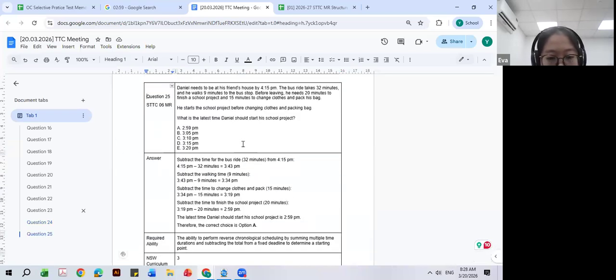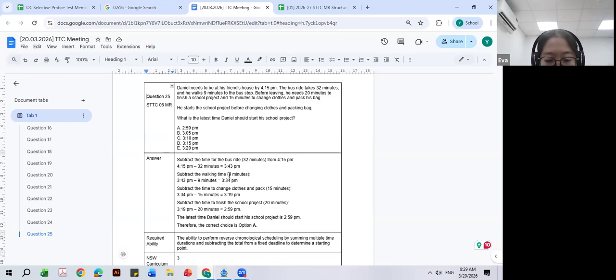We come to the last question, 25. Daniel had to do the work before he starts his school project, and we will find the latest time Daniel should start with his project. Daniel needs to be at his friend's house at 4:15, so we will subtract from 4:15 the time that the bus takes, which is 32 minutes, and we find the time Daniel has to be at the bus stop.